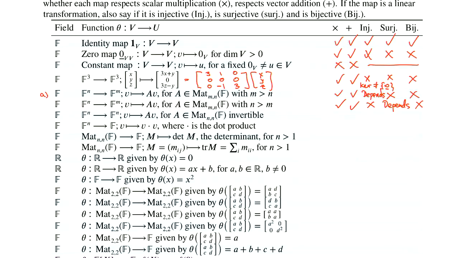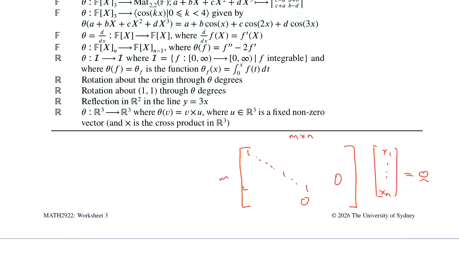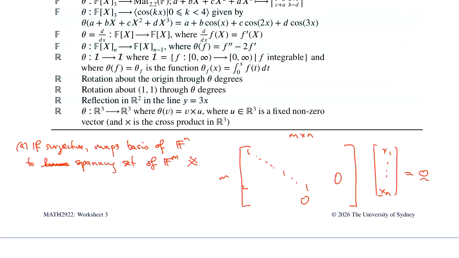So let me just say A and B here, just to write some comments below. So for A, if it was surjective, it maps a basis of Fn to a spanning set, sorry, of Fm, and that was our contradiction.